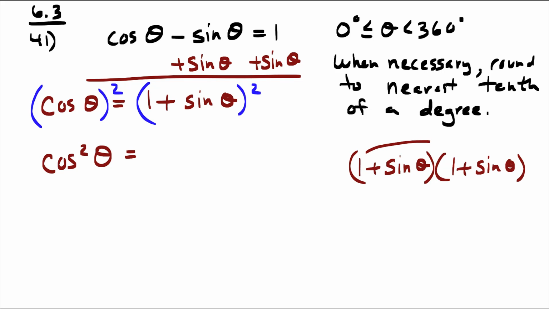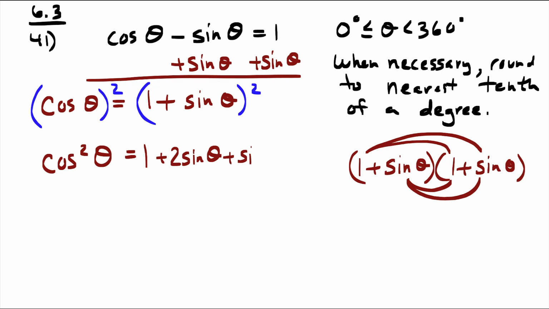So 1 times 1 is 1. 1 times sine is sine. Another sine times 1 is another sine. So we got 2 sine theta on our hands. And the last one right over here, that's going to be sine squared theta.